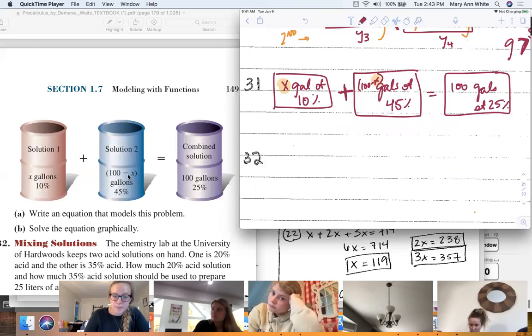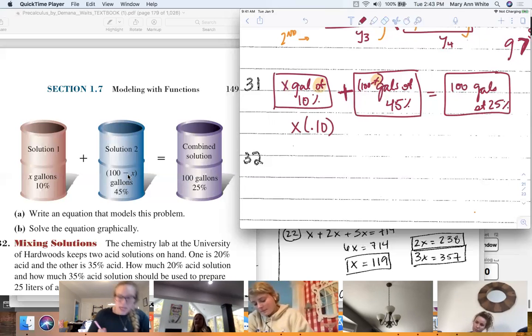The reason we draw these pictures is because now I'm easily able to make a little equation from this. If you remember back from Algebra 1, anytime you use of, it means that we're multiplying. So I'm doing X gallons of 10%. So I'm going to do X times 10% or 0.10 as a decimal. Same idea with the next one.